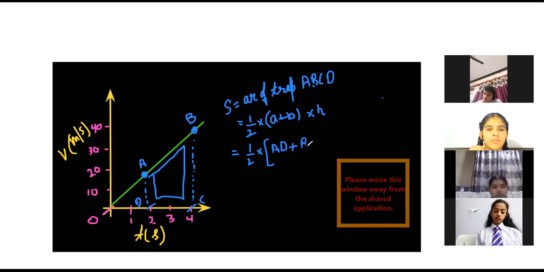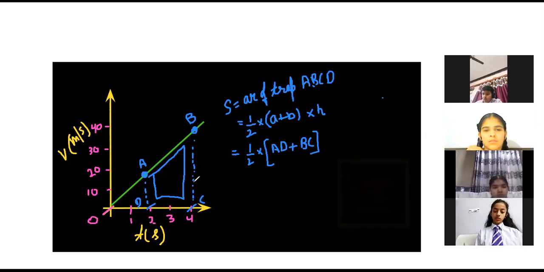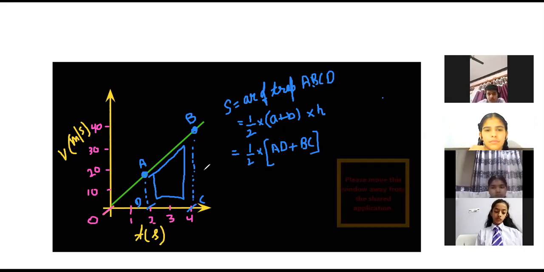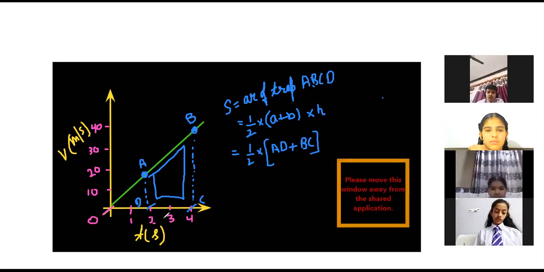These are the two parallel sides, one is AD and one is BC. Multiply by the height. Students, you are never going to take the slanting one, so we will not take AB. We will go with DC. Height will never be the slanting one. So we will write here DC. Then just put the values.